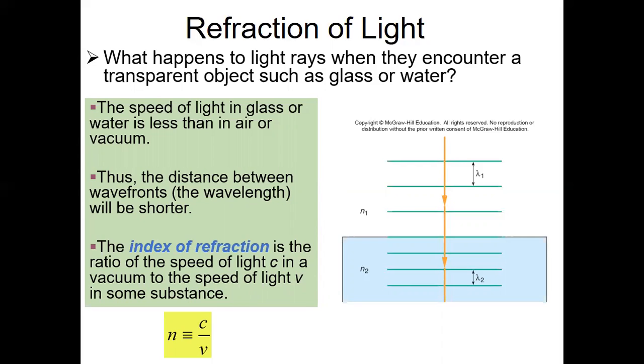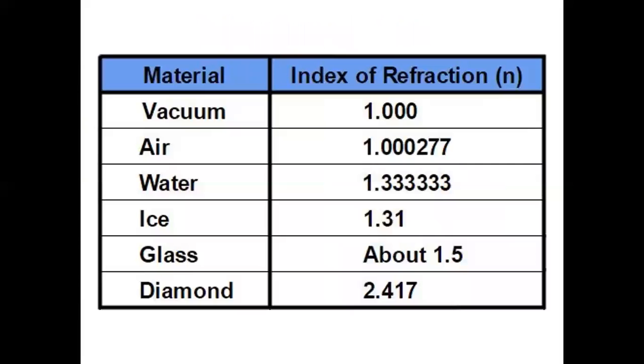You can calculate that by dividing the speed of light in vacuum by the speed of light in the substance like glass or water. In glass, it travels slower than in water or air. In water, the light travels slower than in the air. Likewise, depending on the material, it has different speeds.